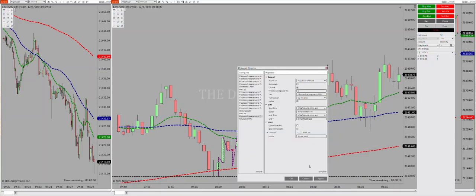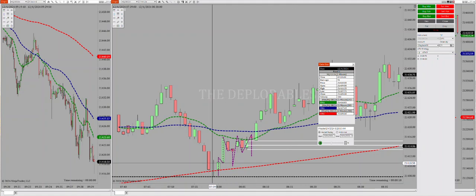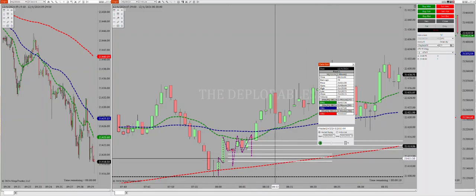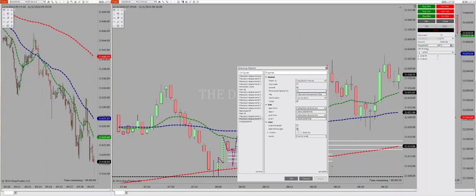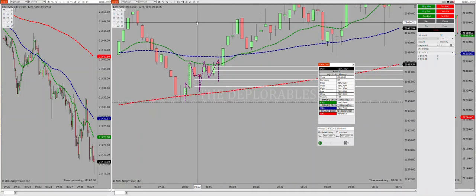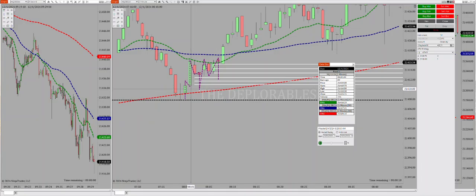Let me move that all the way over. And what hasn't been mitigated? Well, this one hasn't been mitigated. And by mitigated, I mean it hasn't taken out 50% of it. So you got those. And you got this wick below as well.